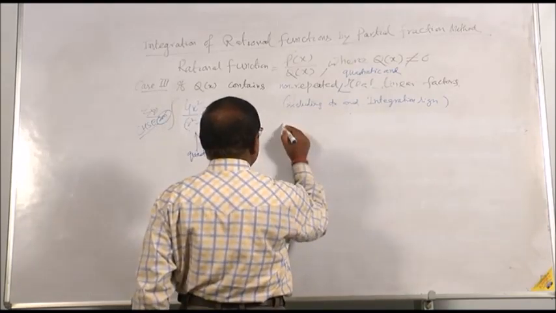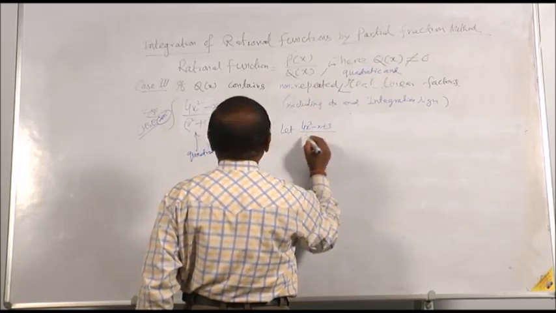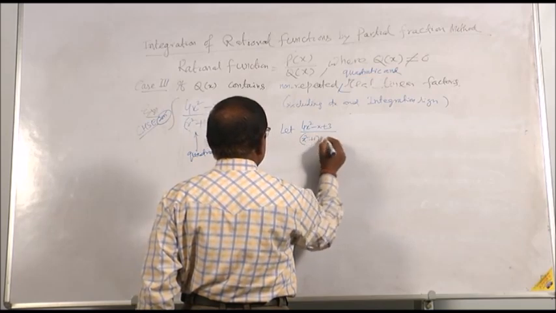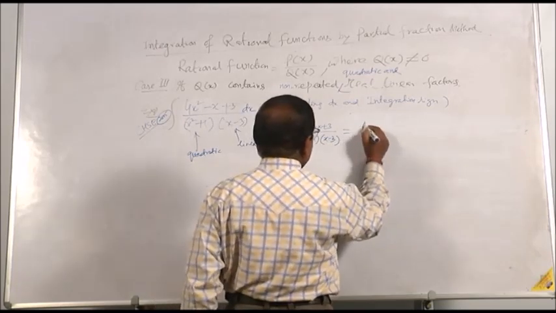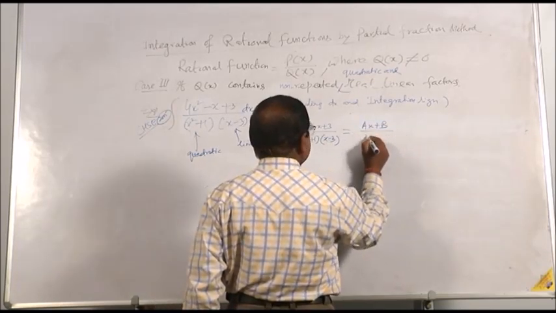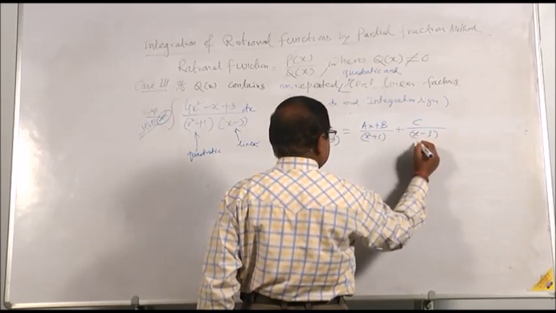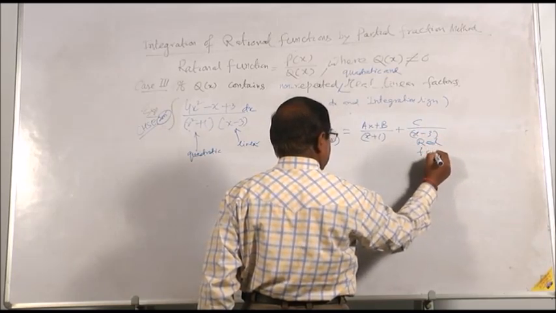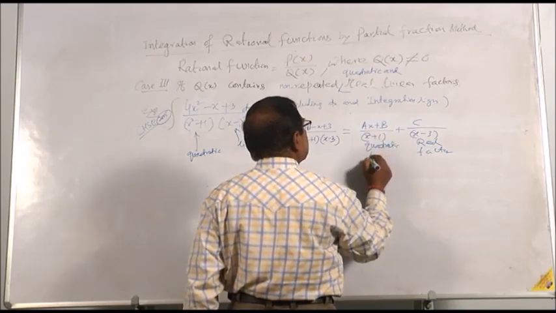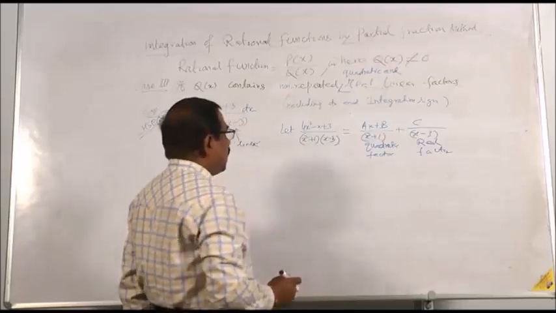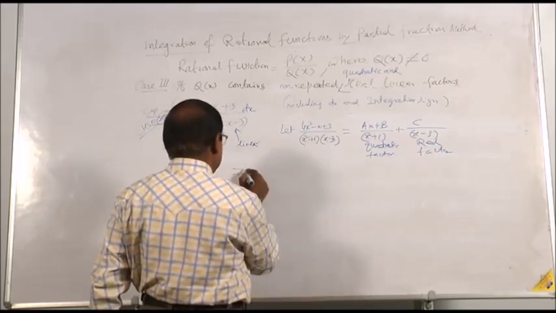Excluding dx and the integration sign, let (4x square minus x plus 3) by (x square plus 1) into (x minus 3) be equal to, you have to write like this: (Ax plus B) by the quadratic factor plus C by the real factor. Now we have to solve to find the values of A, B, C. Let us see how we can solve in an easier method.